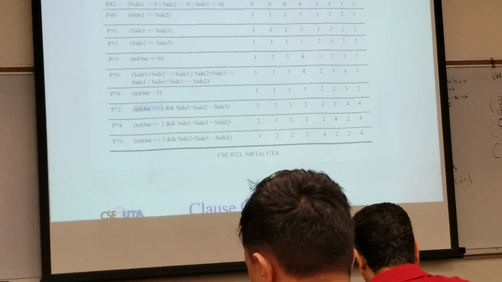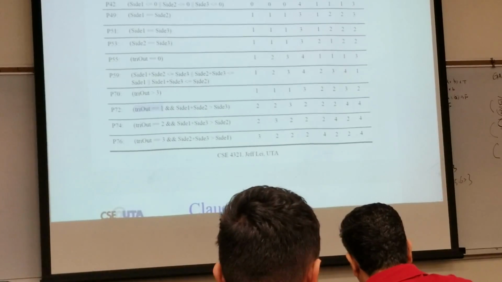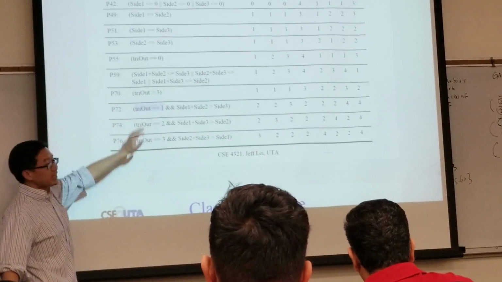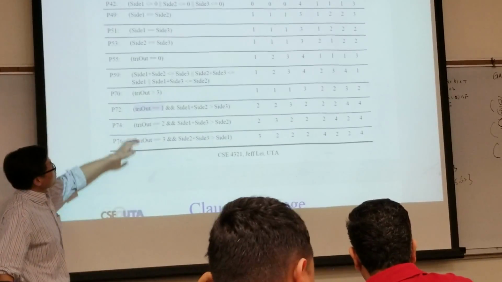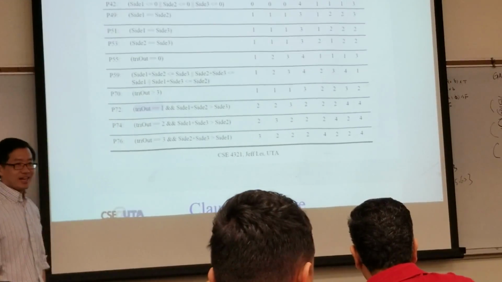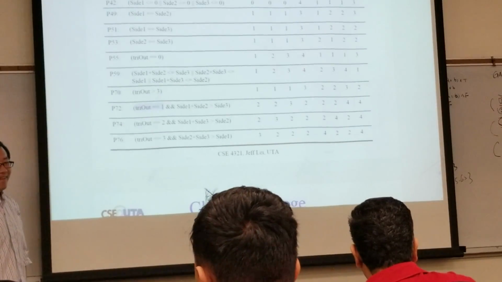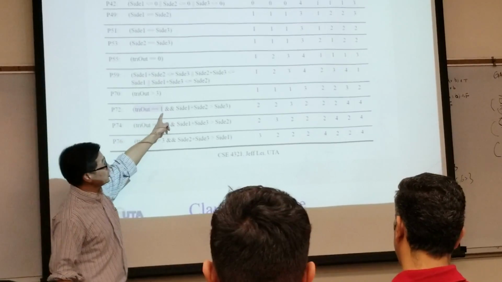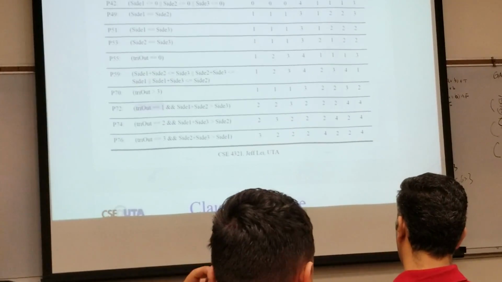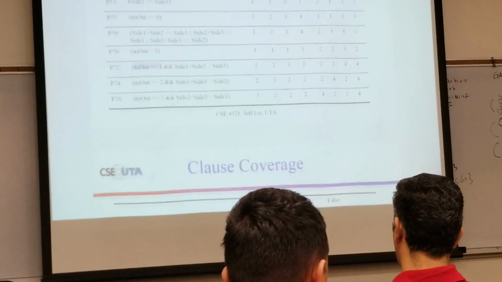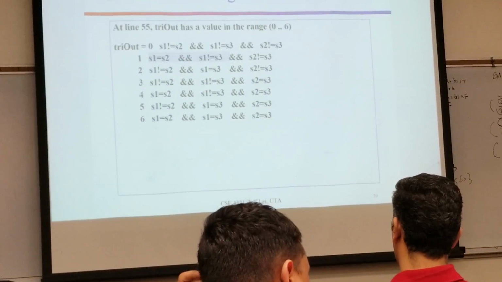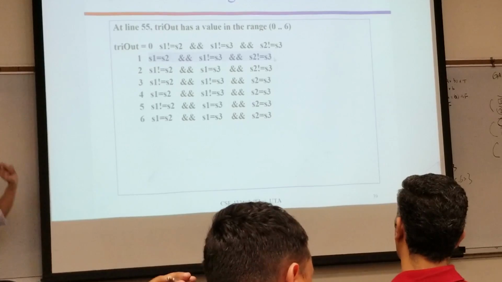And remember, not only reachability for this one, the predicate itself has tryout equals 1, right? If you want to make sure this condition is true, you have to look at tryout equals 1. If you want to make tryout equals 1, then this condition has to be satisfied.